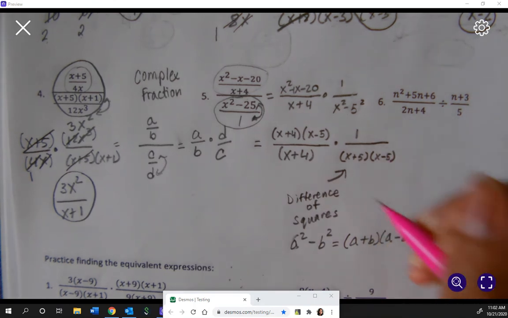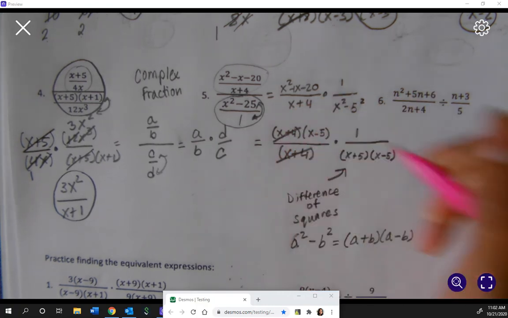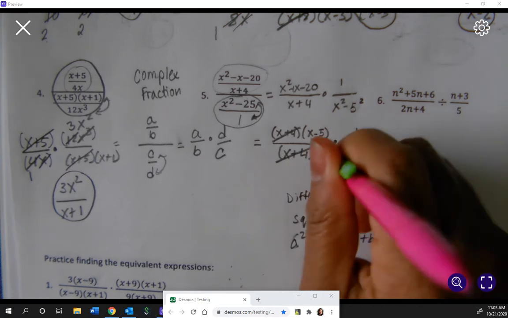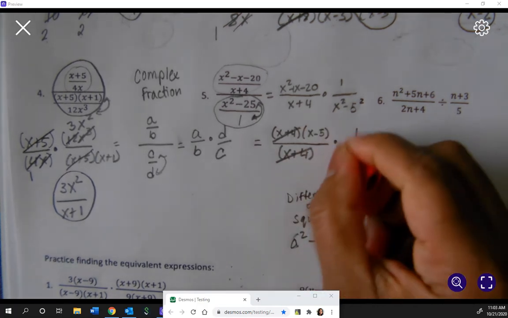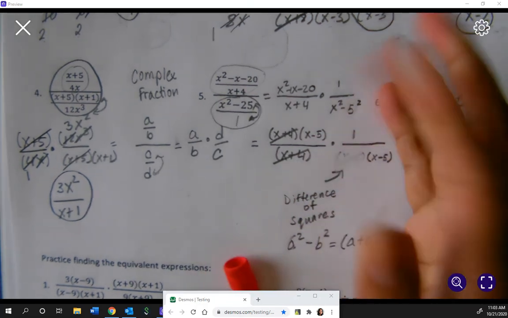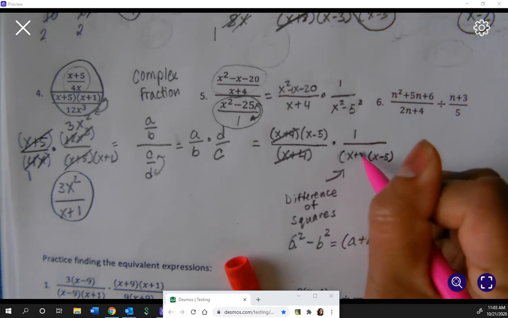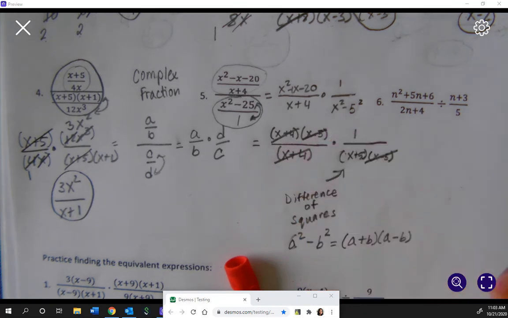All right, so now I should be able to cross out the same factors. Oops, that's not the one I want to cross out. I want to be able to cross out x minus 5.